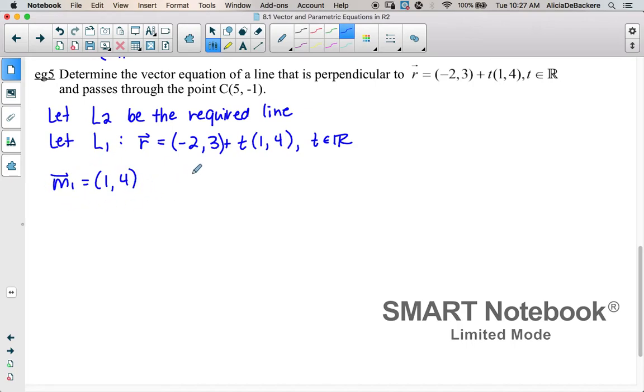So I'm going to let the direction vector that I'm looking for be some values a and b for the x and the y. I need to figure out what those values are. Since these 2 lines are perpendicular, I know that their direction vectors are also perpendicular.